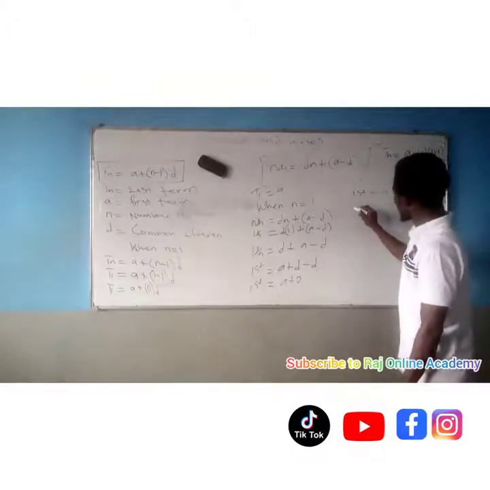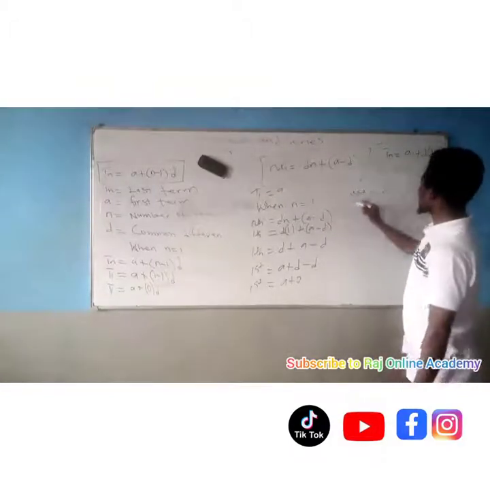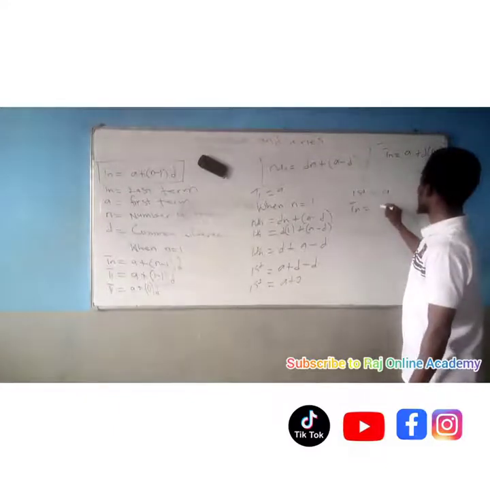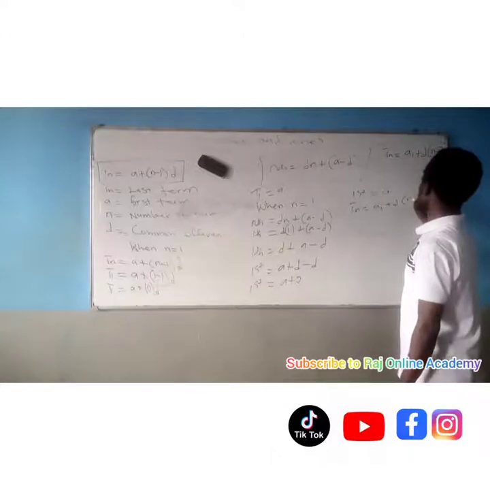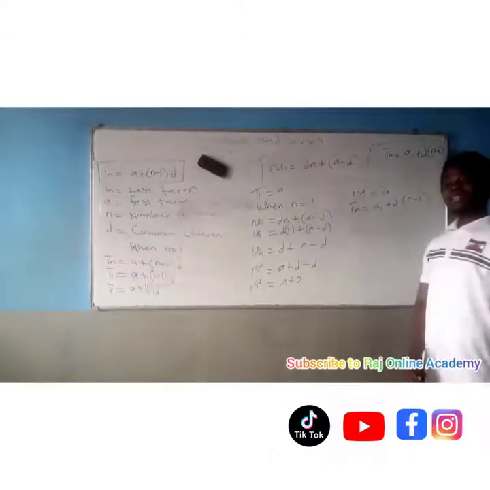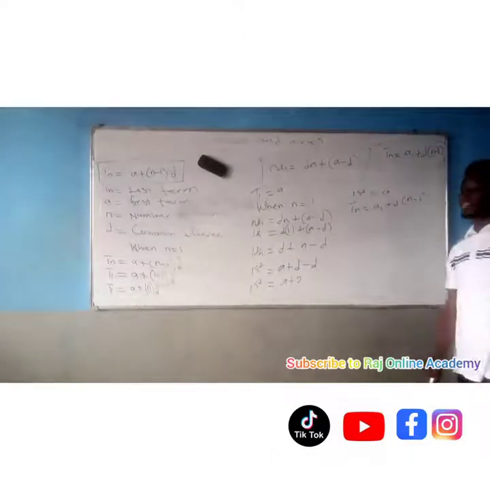Let's try to use the other formula as well. We say when n is equal to 1, Tn is equal to A1 plus D into n minus 1. This formula can also give the same answer.